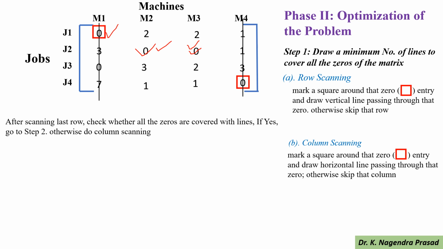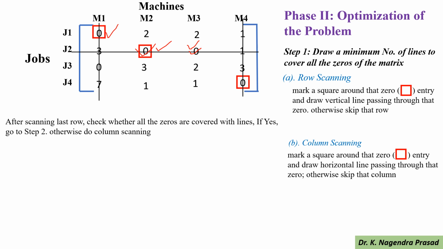The first column is already covered by the row scanning operation. Next observe the second column. In the second column, there is exactly 1 zero, so mark a square around that zero and draw a horizontal line. In the third column, there are no zeros, so skip it.